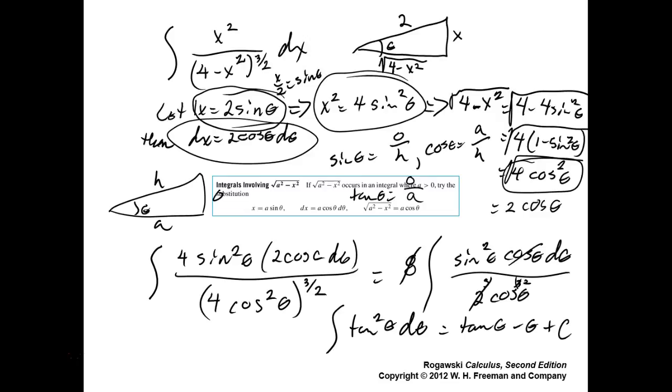So here we have what tangent theta is, and I think you just said it. What did you say? Tangent theta is equal to x over square root of 4 minus x squared. Okay, so our answer here would be tangent theta, which is x over the square root of 4 minus x squared, minus theta. We know what that is.